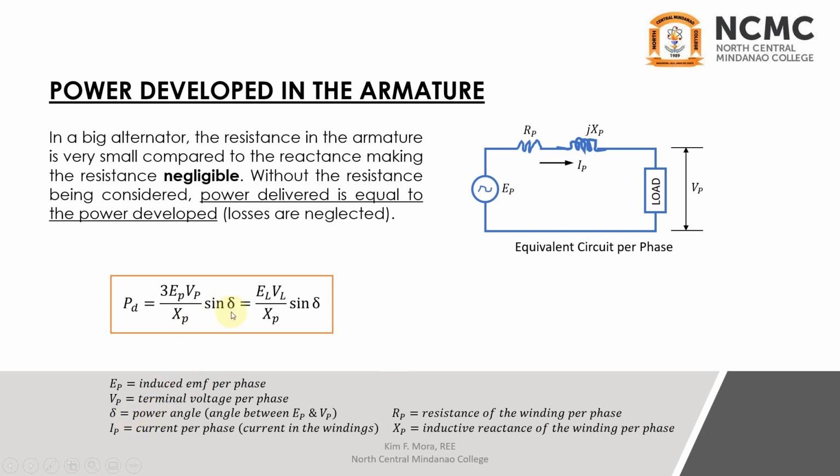That angle is the power angle, the angle between our induced EMF per phase and our terminal voltage per phase. If line values are given for the induced EMF or terminal voltage, then we just remove the 3.